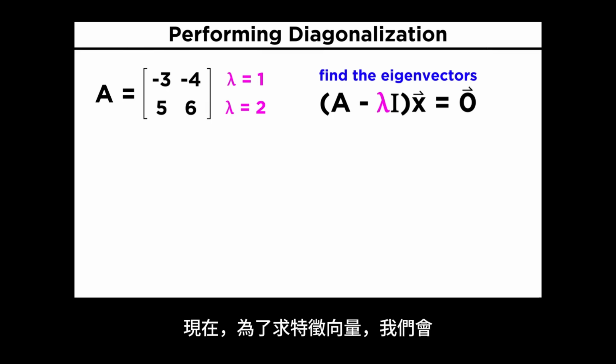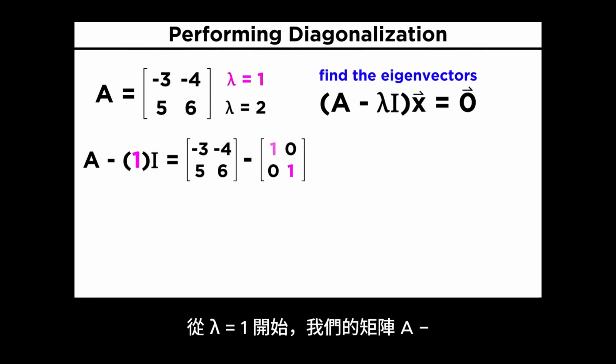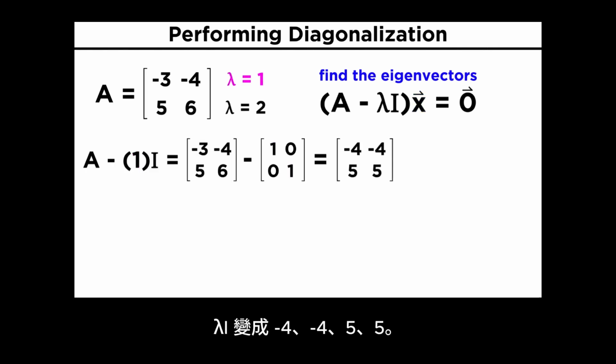Now to find the eigenvectors, we will plug in these values of lambda into the equation (A minus lambda I) times x equals 0, and solve for a possible vector x. Starting with lambda equals 1, our matrix A minus lambda I becomes -4, -4, 5, 5. The top row ends up telling us that -4x1 minus 4x2 equals 0.